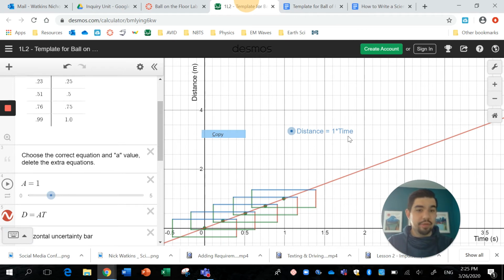So if I want to know how far our ball went in 1.5 seconds, I would do 1 times 1.5. Pretty easy. It would go 1.5 meters. If I want to know how far my ball went in 2 seconds, I would just do 1 times 2 seconds, which would be 2. The distance would be 2. You can see that on our graph here.